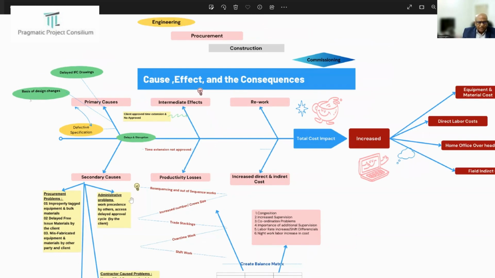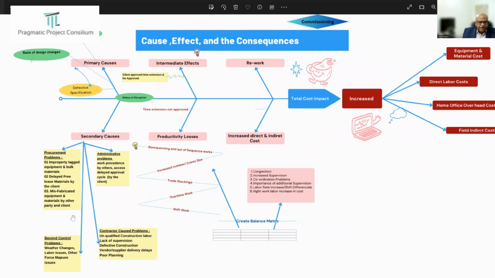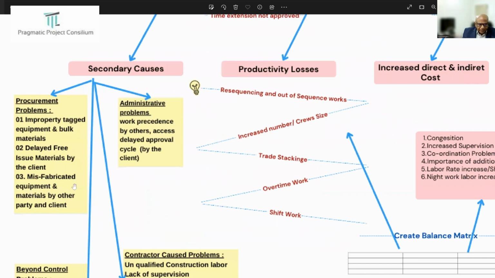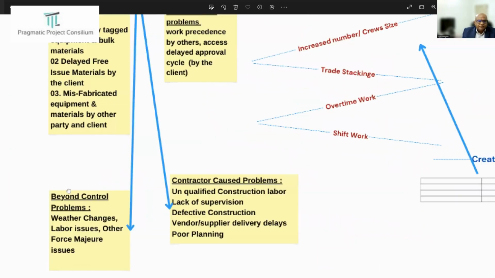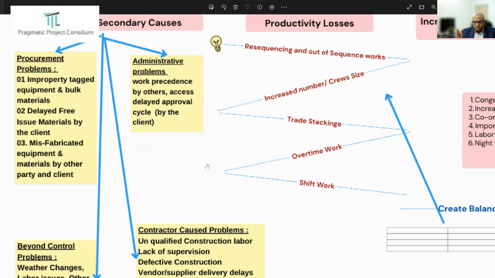Secondly, delayed free issue materials by the client and misfabricated equipment and materials by other parties. Coming to the administrative problems, work precedence by others, the third parties or parties involved in the project. Also, access denial. Sometimes the contractor may not get access to the site in time to get the work started. All these are major administrative concerns.